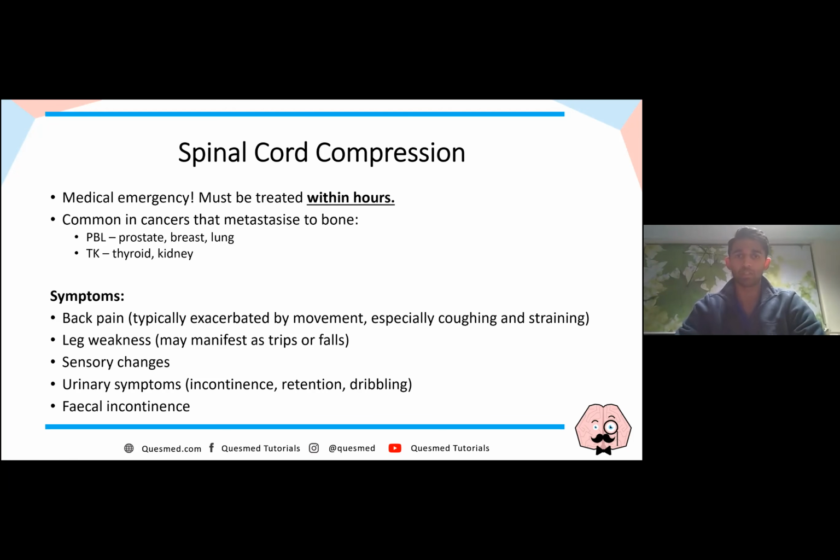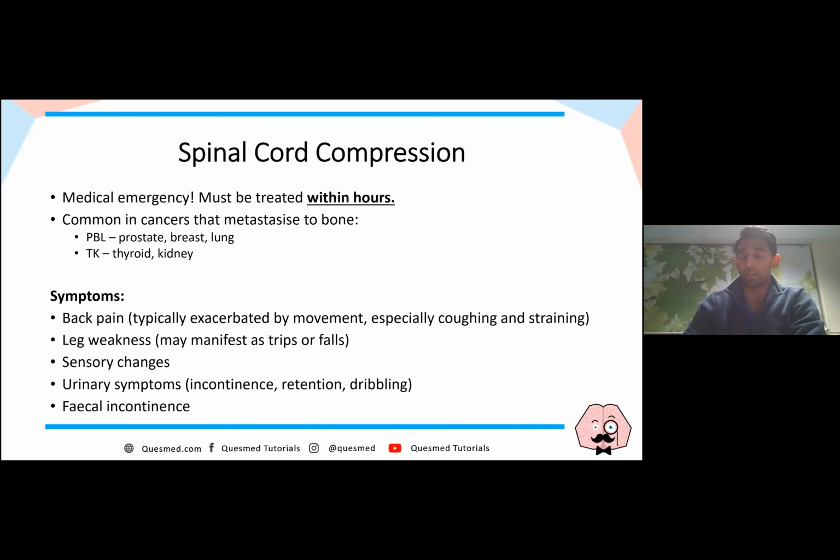As I mentioned, the mainstay of treatment is flat bed rest and spinal precautions. You will catheterize if they're in retention. You'll give them VTE prophylaxis because you're going to immobilize them. You give them high-dose dexamethasone. The reason is that around any cancer there is a degree of inflammation and therefore edema. You give the steroids, and acutely what's called peri-tumor edema will lessen.